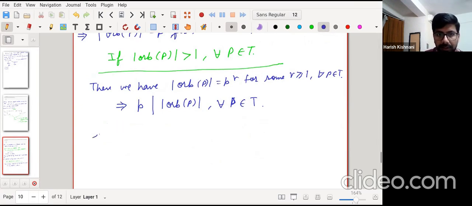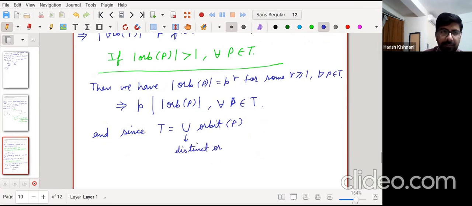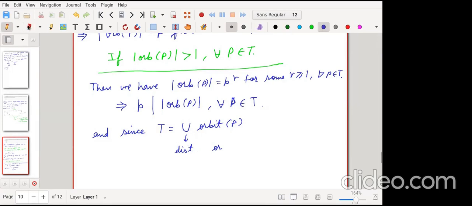Since the group is acting on T, T can be decomposed into orbits, right? The union of orbits, where this union is over distinct, disjoint orbits. It can be written as a union of its disjoint orbits.